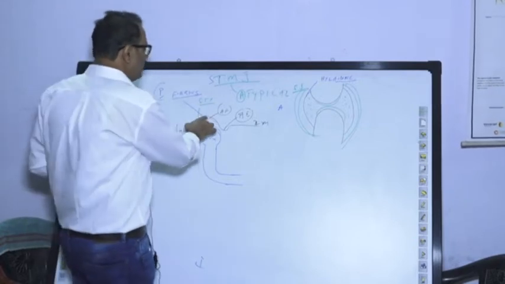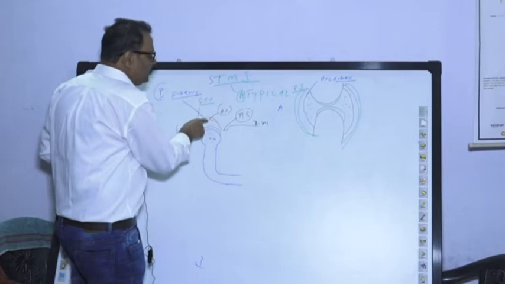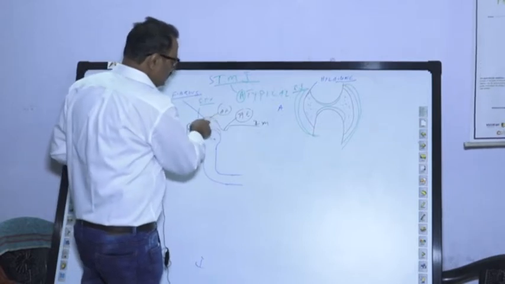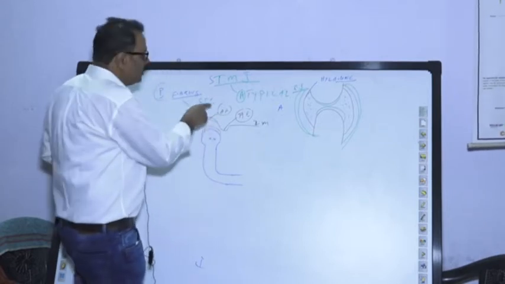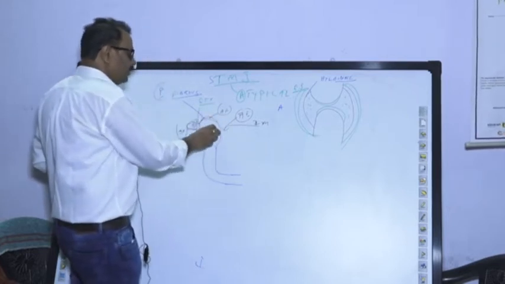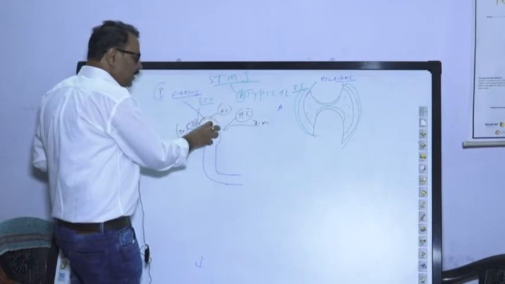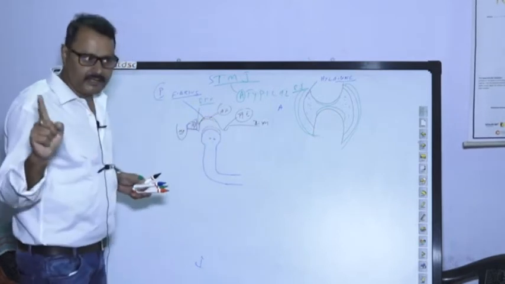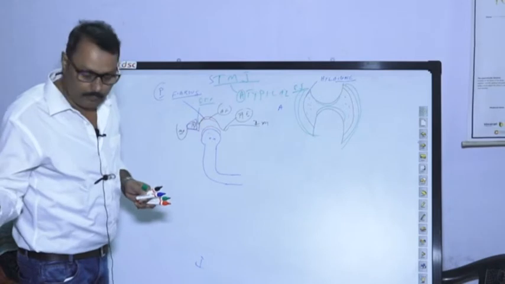So the mandibular fossa, articular tubercle, and head of the condyle, head of the mandible, come in contact with each other and create the temporomandibular joint.